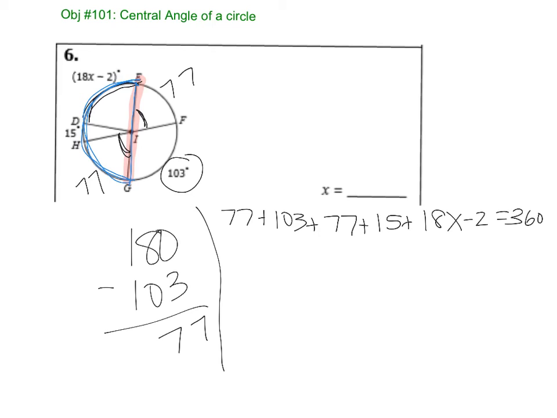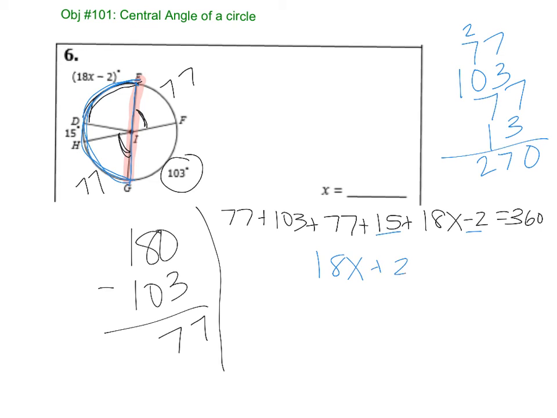Ooh, let's see. I need to add 77, 103, 77, and then I have my 15 and minus 2. So let's make that 13. So that's 20. Carry the 2, 14, 15, 16, 17, 270. So 18x plus 270 equals 360.